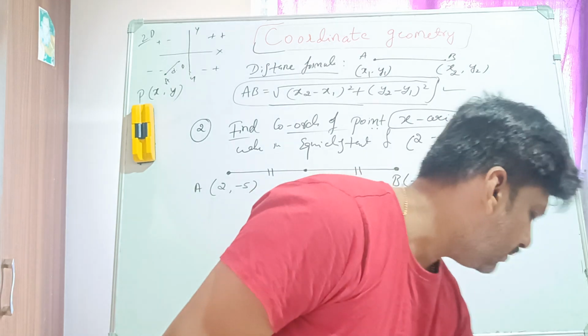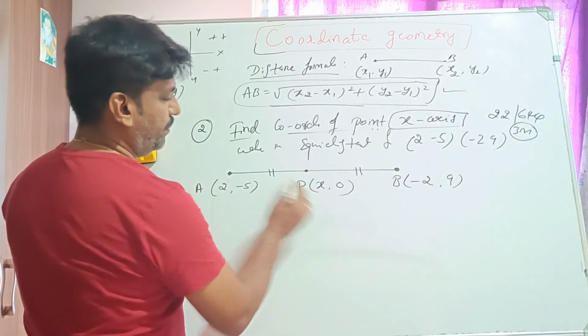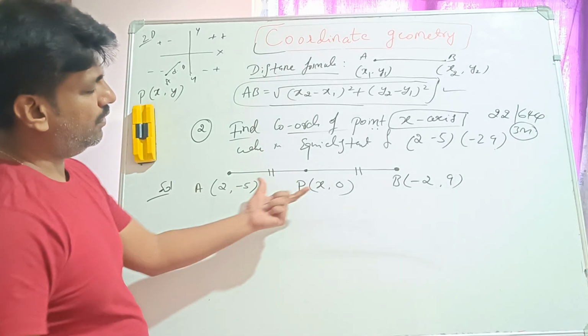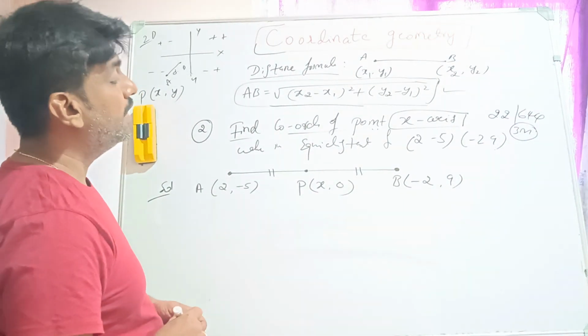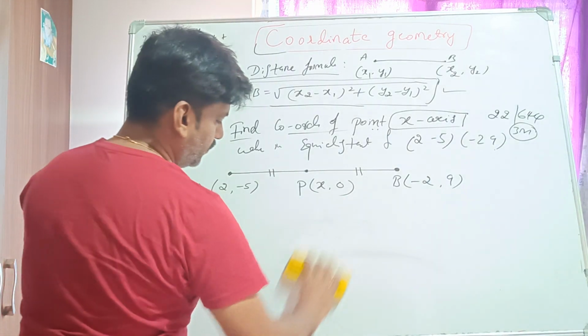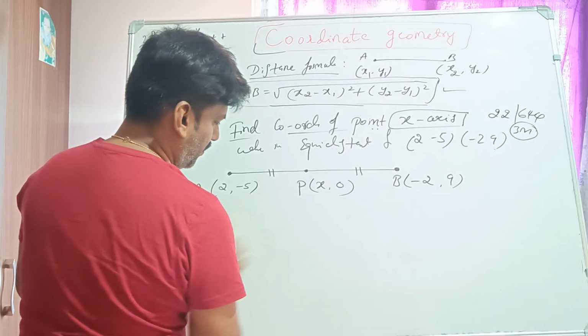So you should find what the point P is. If you draw a diagram like this, it is going to be easy for you to understand. Without drawing also you can solve the problem, no issues.